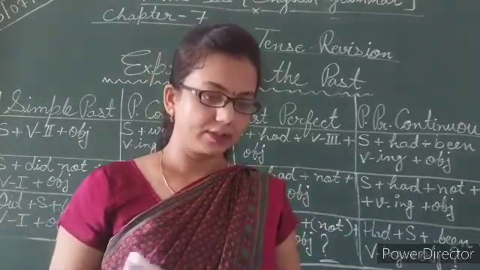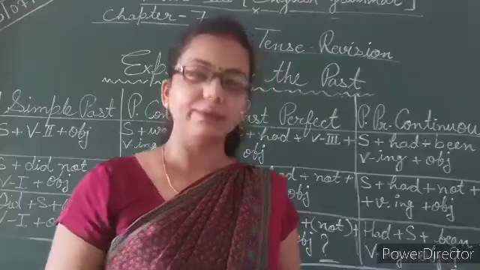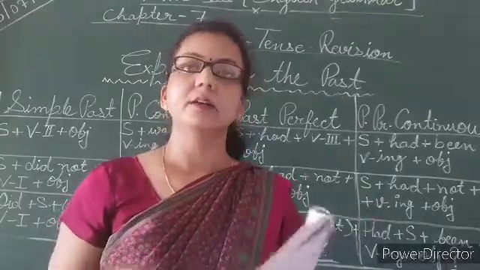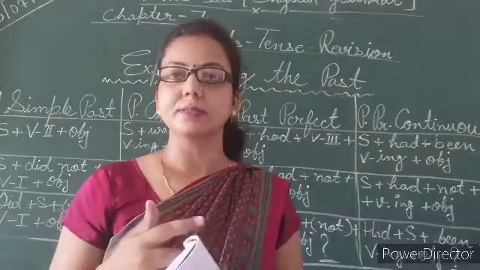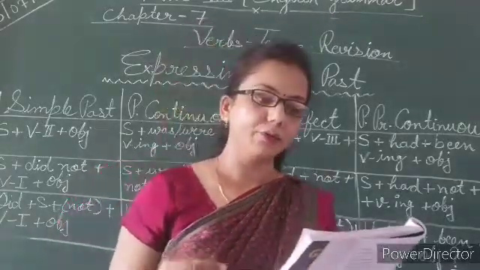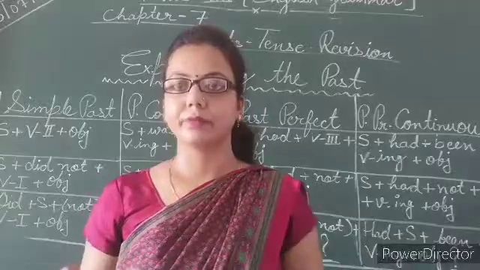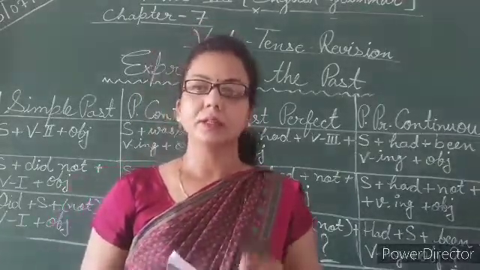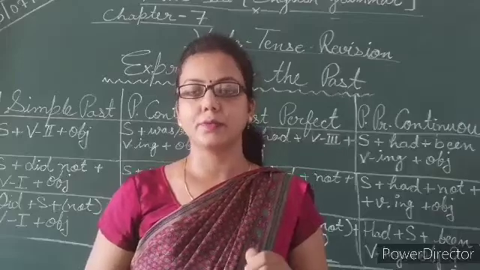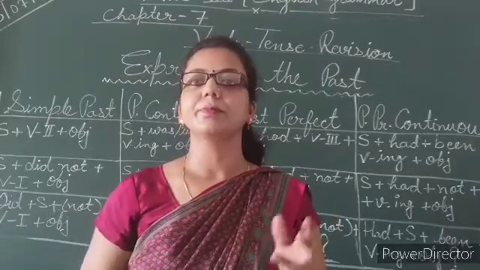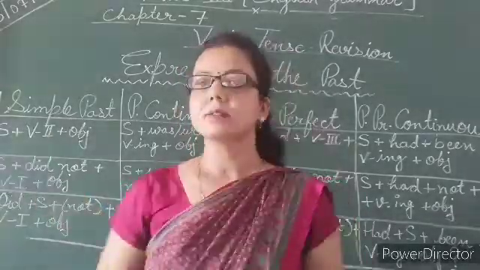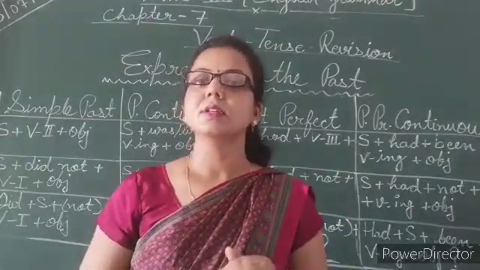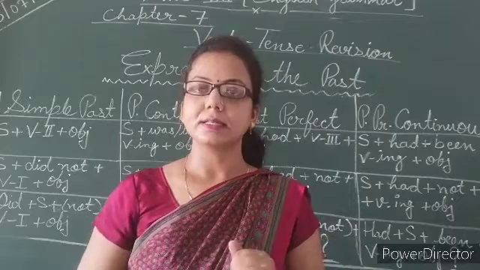So my dear students, have a look at page number 39, your exercise B. Here again, as in exercise A, you have to fill in the blanks with the help of the words given in brackets. But here you need to put a past form. It may be simple past, perfect form, continuous form, or perfect continuous. It depends on the given sentence.